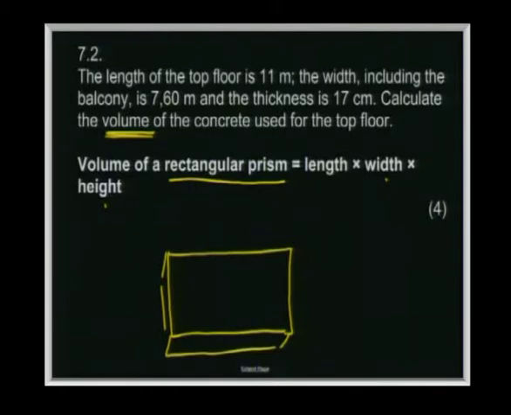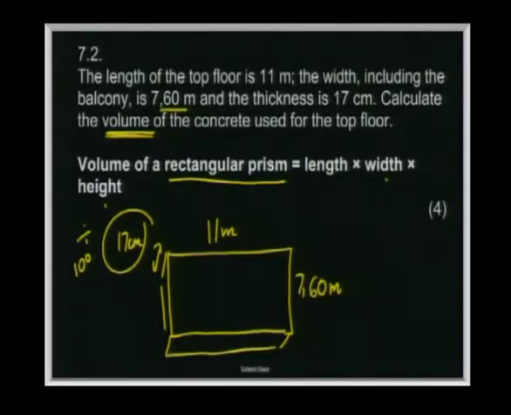Just a rough sketch. They told us the length is 11 meters, so I'm going to label it there. The width is 7.60, and they've told us the height of this is 17 centimeters. Now the problem with that is that 17 centimeters is not the same unit of measurement.